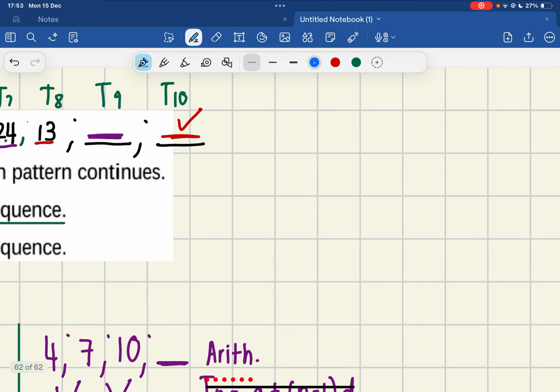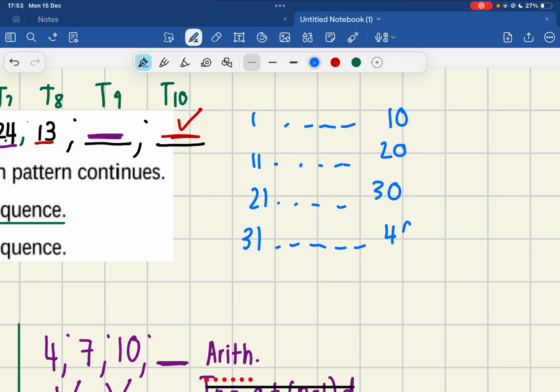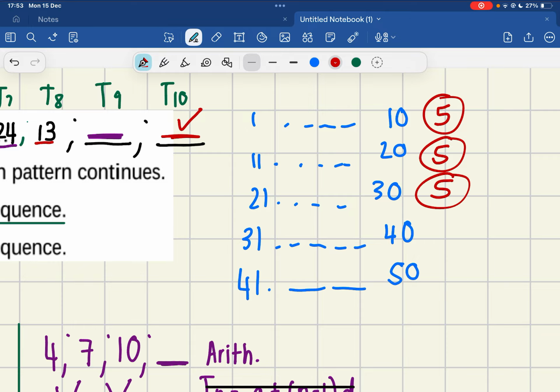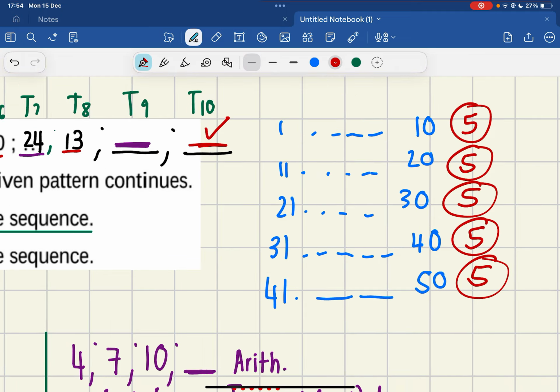Imagine numbers going 1 to 10, 11 to 20, 21 to 30, 31 to 40, 41 to 50. We would always have 5 arithmetic each time. So therefore, the position would be position number 25 in the arithmetic sequence.